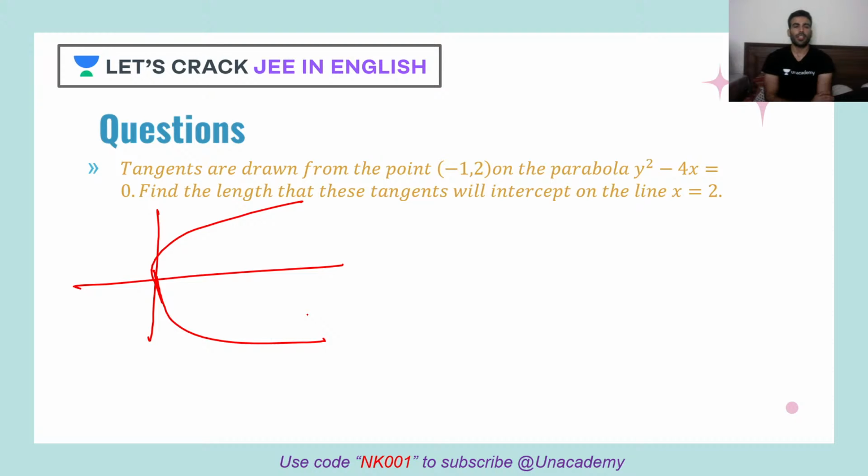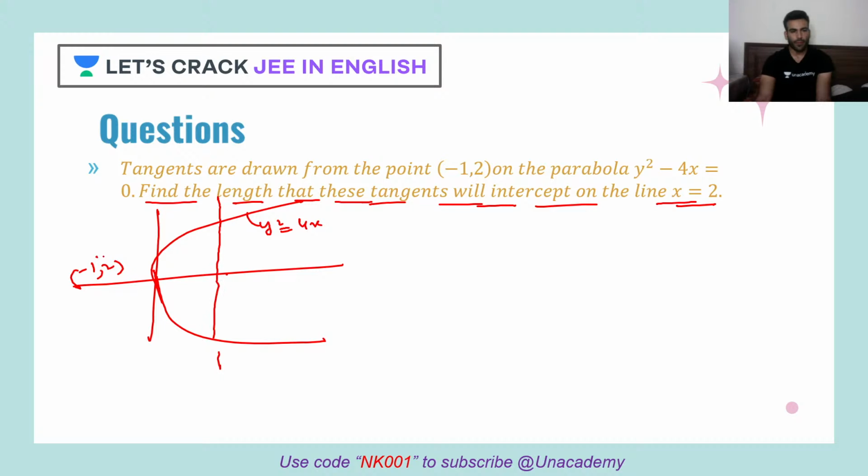Okay, so let's solve this question. Tangents are drawn from the point -1, 2. Let's say somewhere here is -1, 2, and this is the standard parabola y square is equal to 4x. Now this question says, find the length that these tangents will intercept on the line x is equal to 2. So x is equal to 2 is a line.